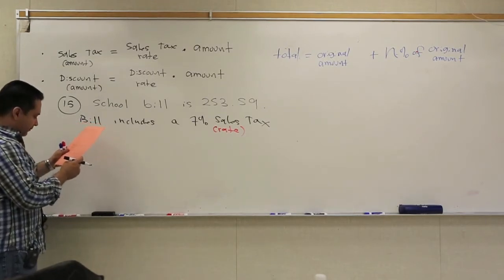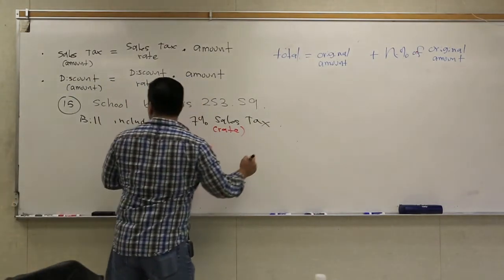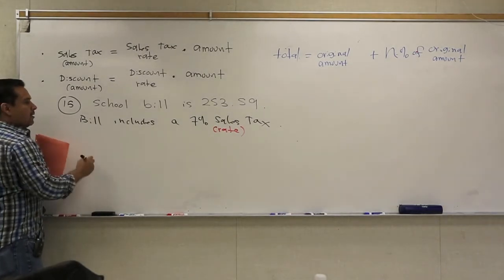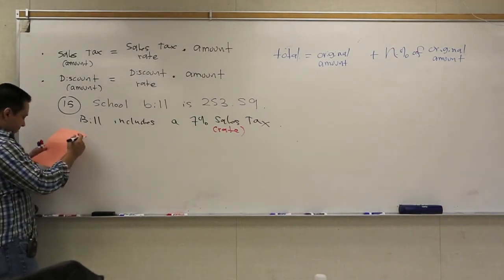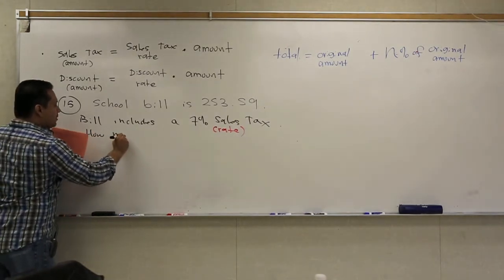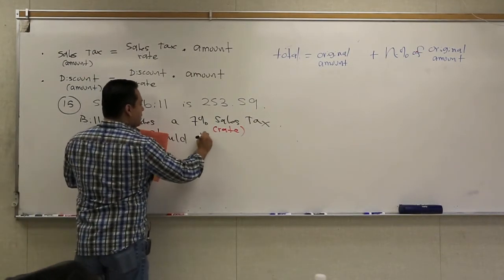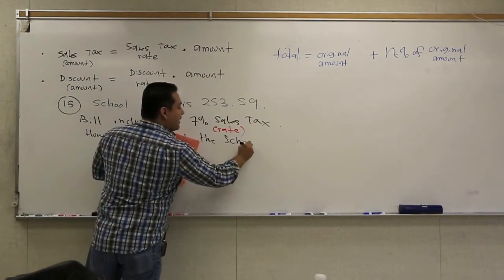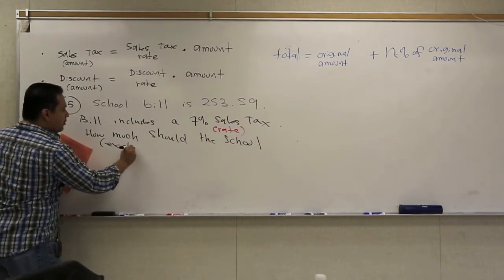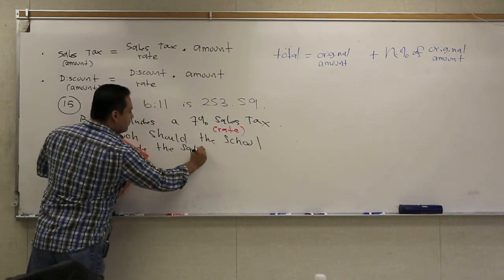Number 15. Okay, how much? And this was incorrect, by the way. They should not have done it. So the question is, how much should that school pay? They didn't say, but they want you to exclude the sales tax.